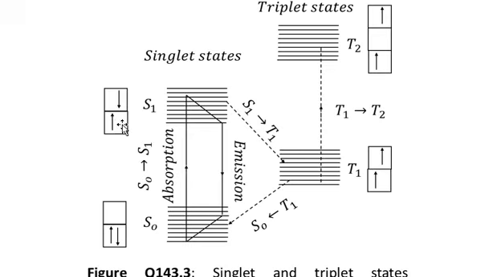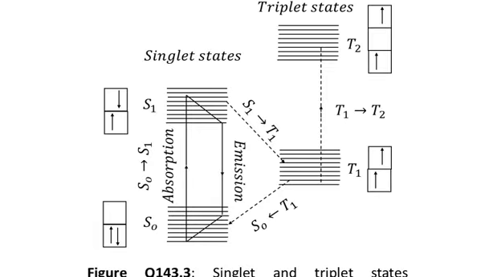So this electron in the lower box has an energy corresponding to n equal to 1, and the electron with the anti-parallel spin has n equal to 2, so this has higher energy. But the spins are anti-parallel in both cases, so both are singlet cases. So S0 and S1 are the singlet states, because the total sum of spins of the two electrons will be 0 in both cases.